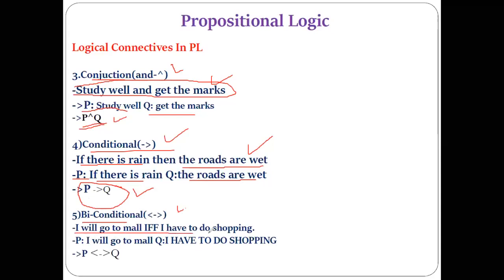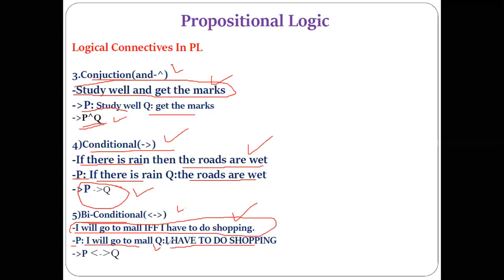In a similar way, in case of the biconditional, suppose we have a statement like this: I will go to the mall if and only if I have to do shopping. Now here we use the propositional symbol P, meaning I will go to the mall. Another symbol we use here is Q, its semantic is I have to do the shopping.